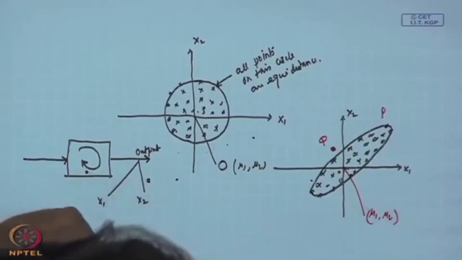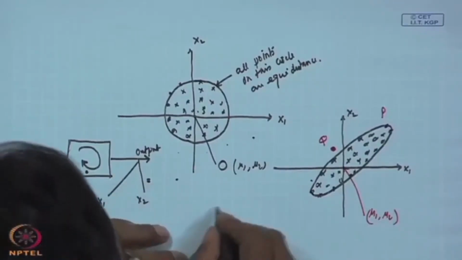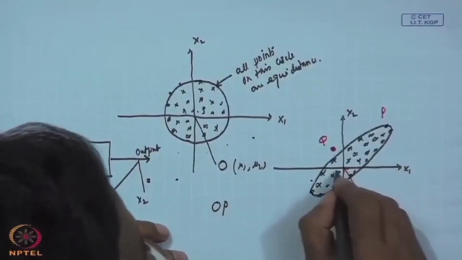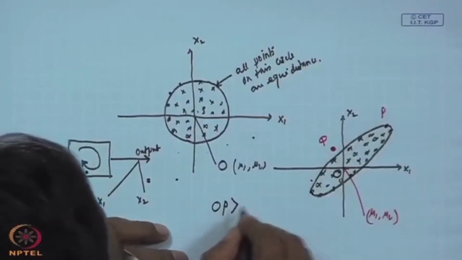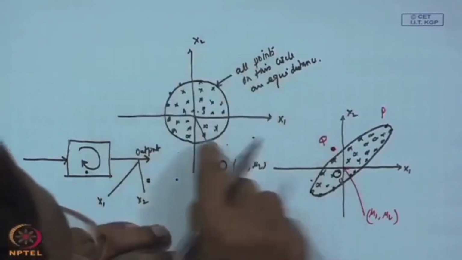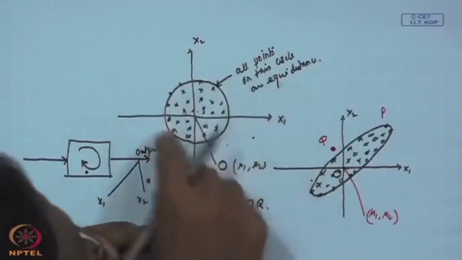Now, if we go by Euclidean distance, OP, the distance between O, the origin, and P, will be greater than OQ from the Euclidean distance point of view. All points which are at equal distance will make a circle.